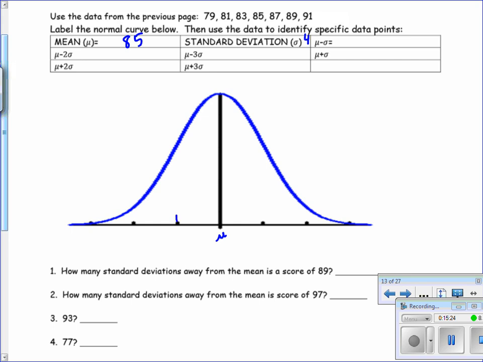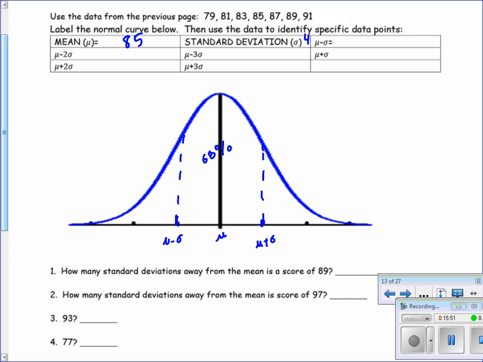And within one standard deviation, how do I know it's one standard deviation? Because we're going to write it. Mu minus sigma. Mu plus sigma. So here, I got it blocked off. 68% of a population has a score between these two tick marks, or within one standard deviation of the mean.